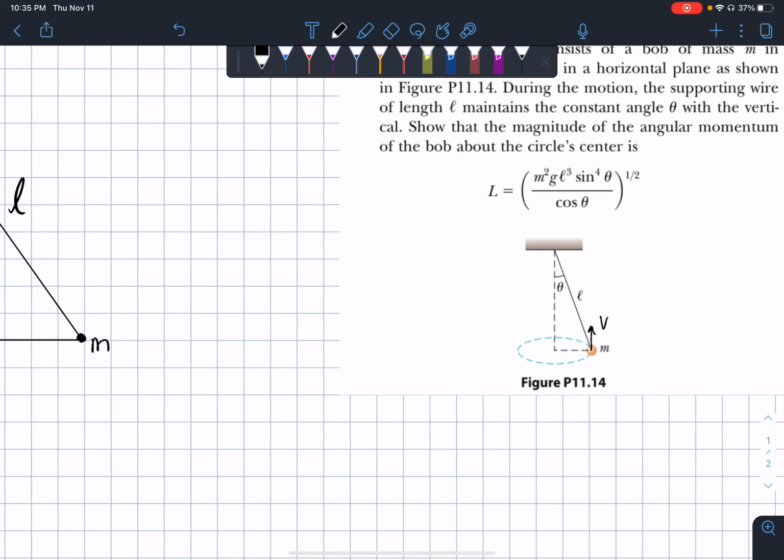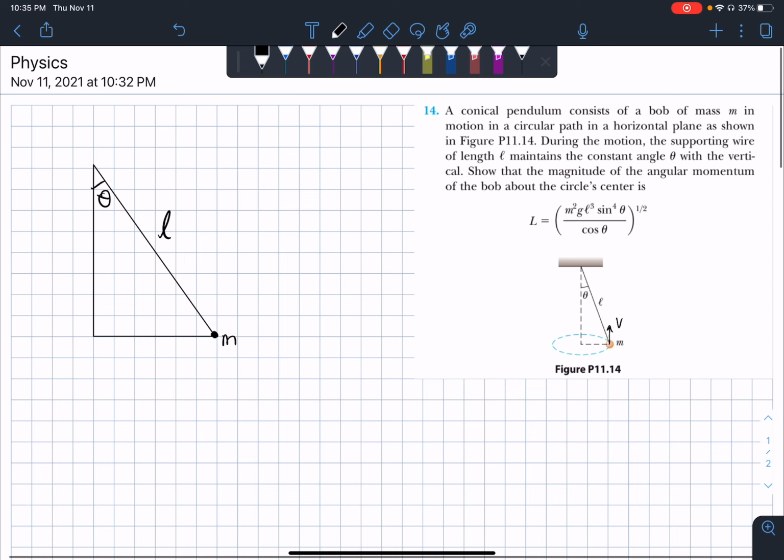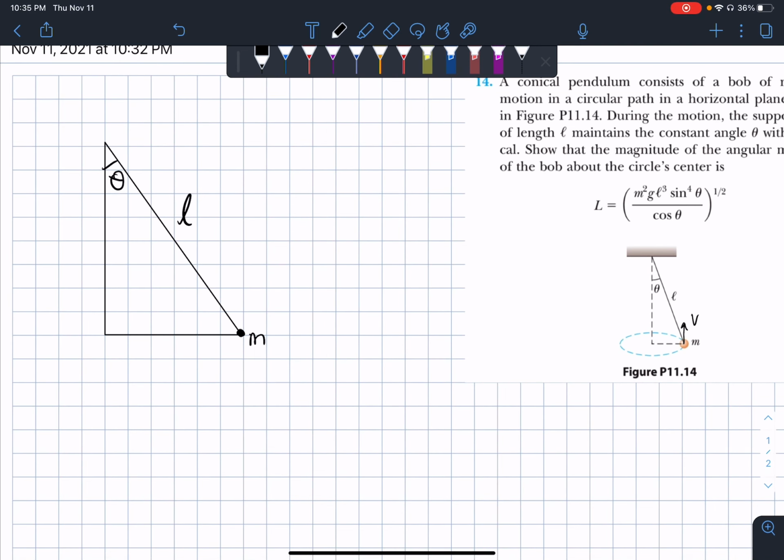We could say this is its velocity vector. Let me just label the legs of the triangle. So this side would be L sine theta, and this side would be L cosine theta.